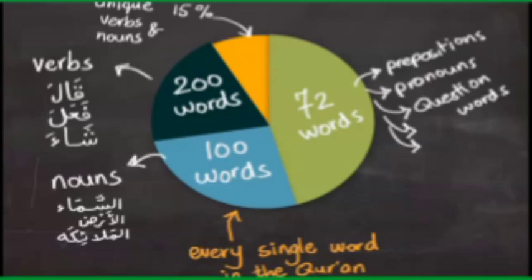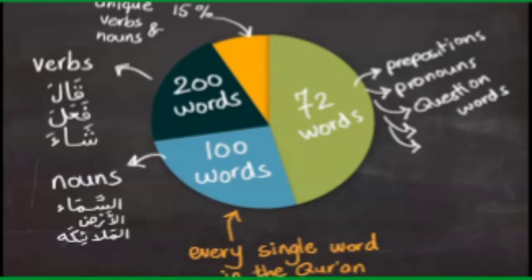So this pie chart represents all the words in the Holy Quran. As you can see, the green part is around half of the pie chart. It's around 45%, and this green part comprises 72 words only.